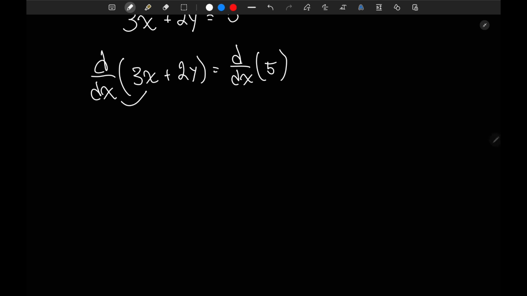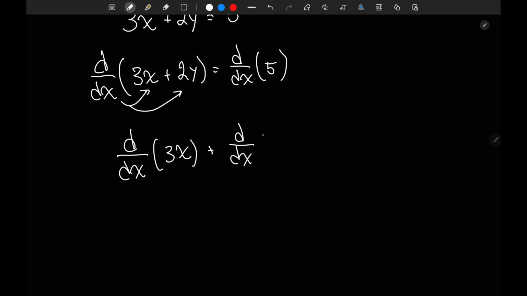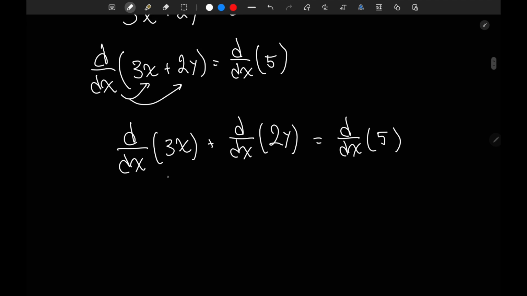So now we can just simply break up this derivative. So we'll have the derivative with respect to x of 3x plus the derivative with respect to x of 2y is equal to the derivative with respect to x of 5. And so on the left here, we know that using the power rule, the derivative of 3x is going to be 3 dx, where again we took the derivative of x with respect to x.